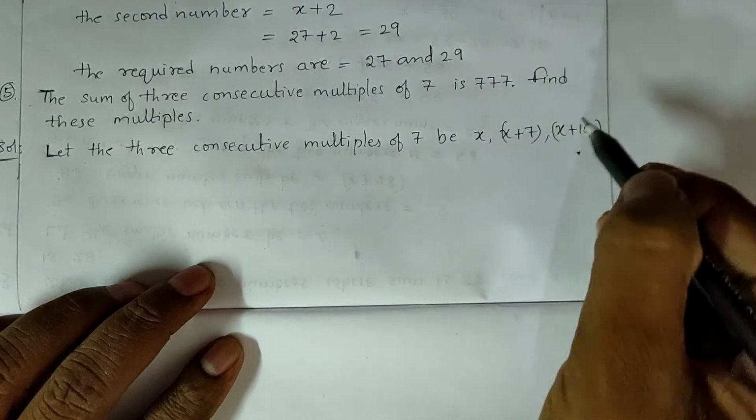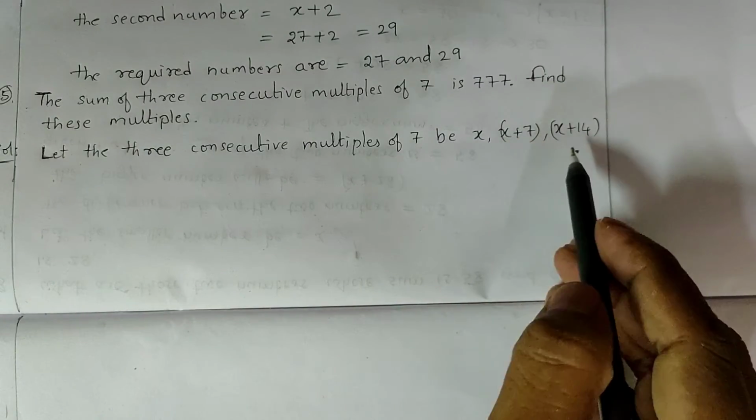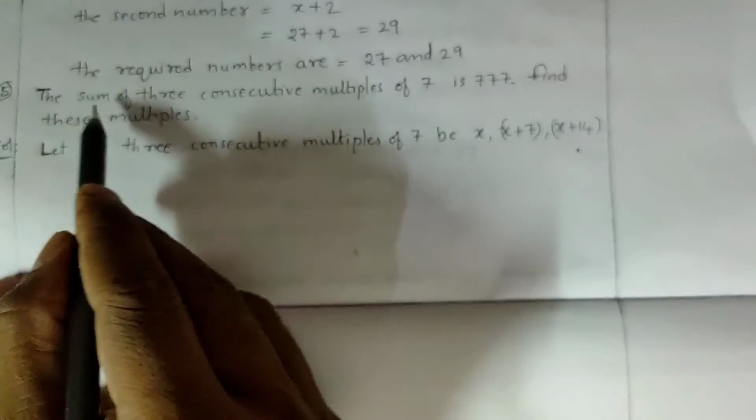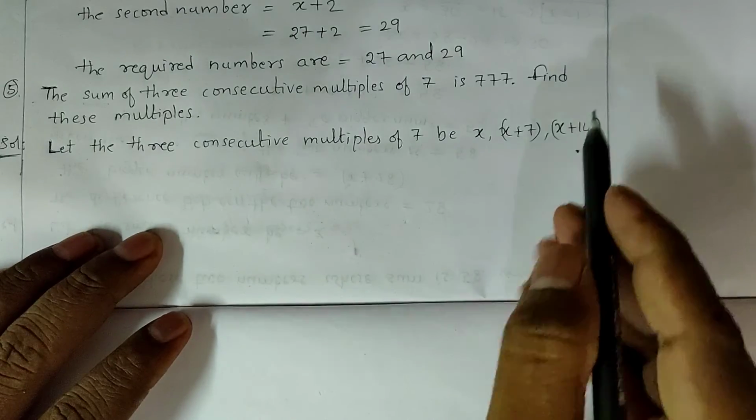So these are the multiples of 7, right? x, x plus 7 and x plus 14. So now it is given that the sum of three consecutive multiples of 7 is 777.